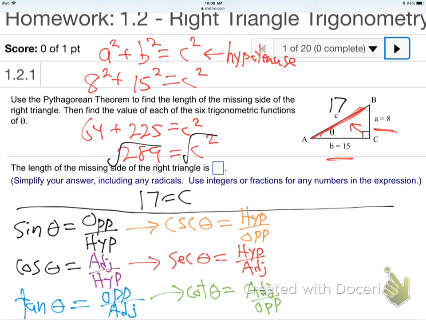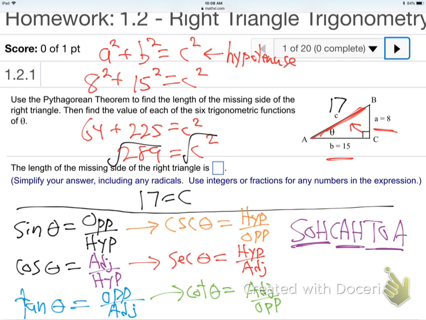I'll show you how we do those once you get those down. You can put them on your 3x5 card, but there's a nice little way to memorize them all at once. What is it? SOHCAHTOA. I'll say that probably 1,000 times this semester.